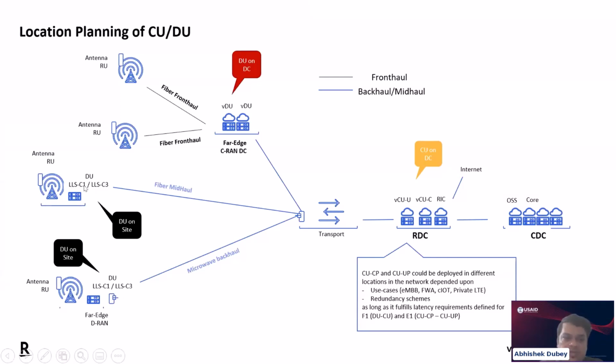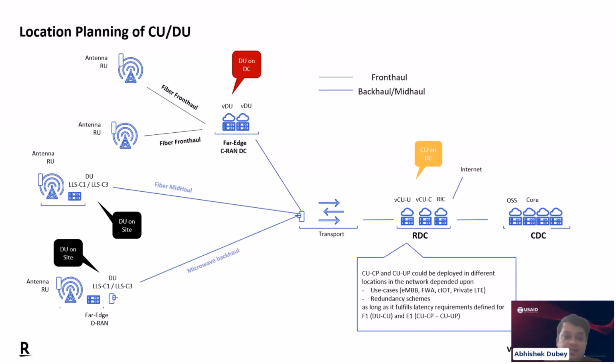Another thing you can see here: these are the DU site options, but for ORAN there is one more thing which you need to take care of. That is timing, because timing is very sensitive in ORAN. So you have to plan.